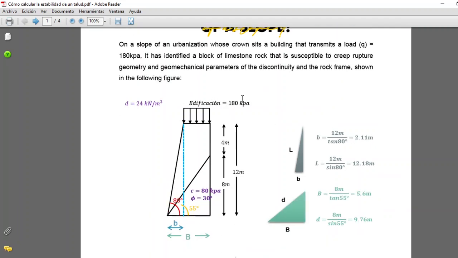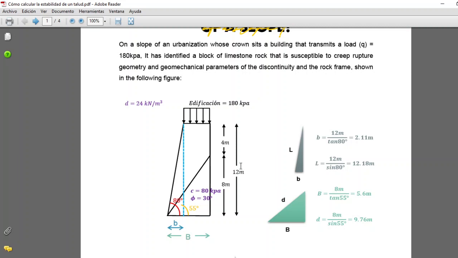We can say that we have the amount and that the distance of this slope. Okay, and we can solve.